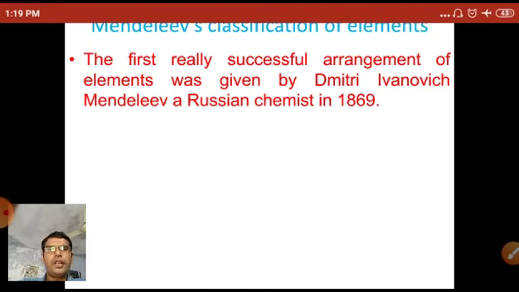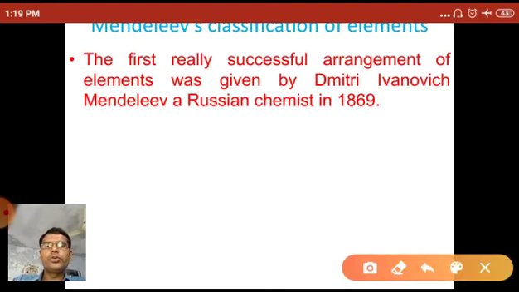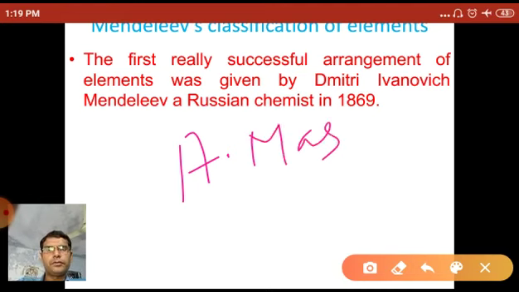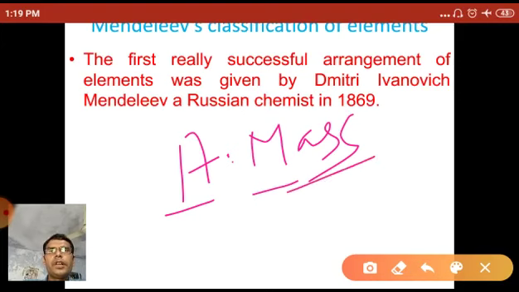When he arranged the elements according to their increasing atomic mass or atomic weight, he realized that the similar properties of the elements are repeated after particular intervals.